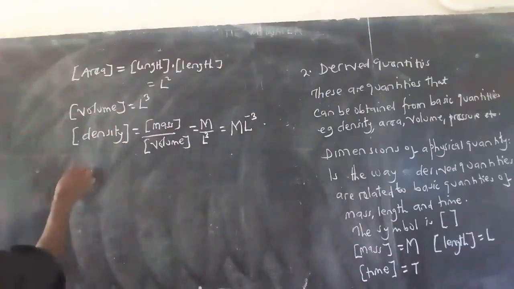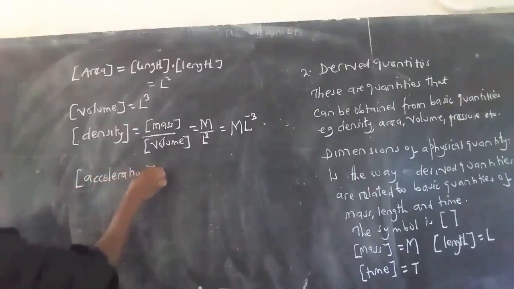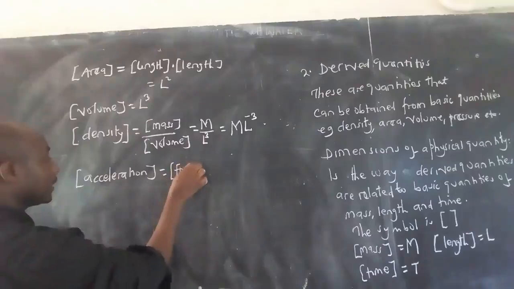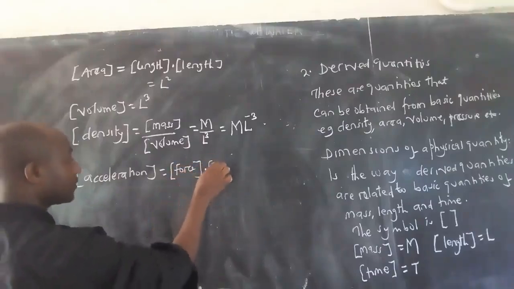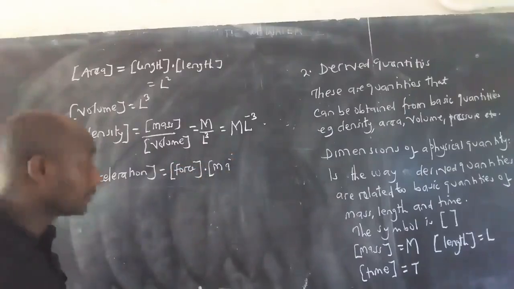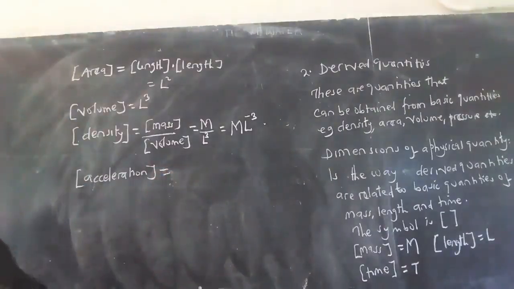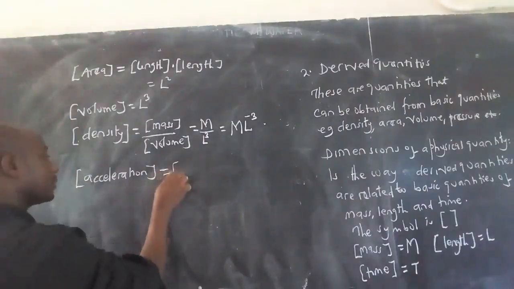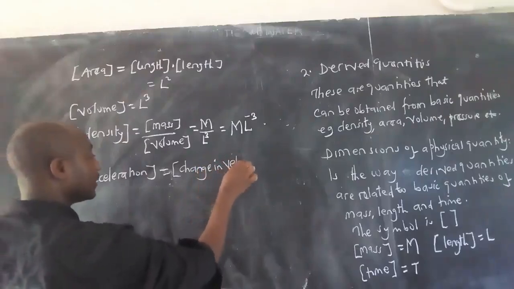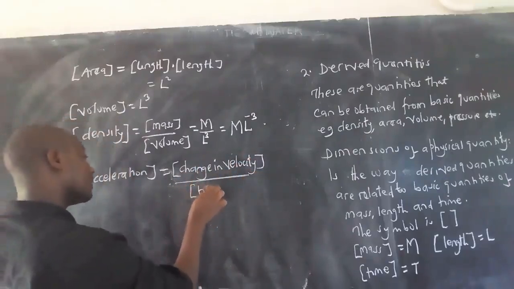Then we can have even others, okay? Dimension of acceleration. Acceleration by definition is rate of change in velocity. So it is dimension of change in velocity over dimension of time.